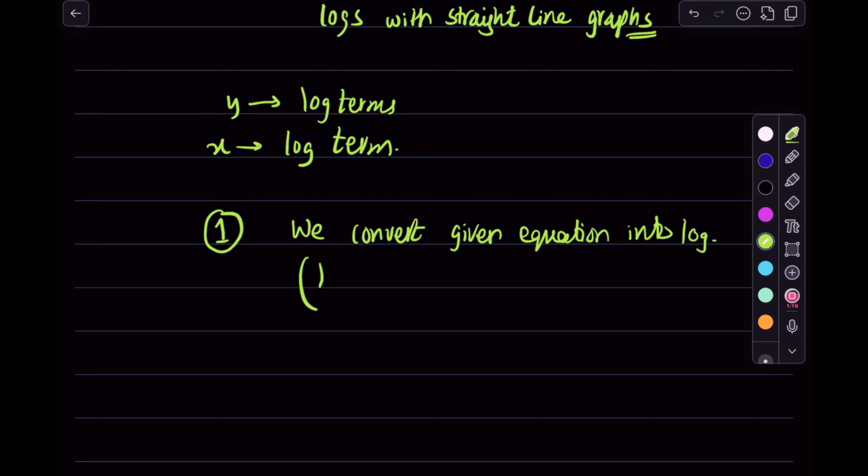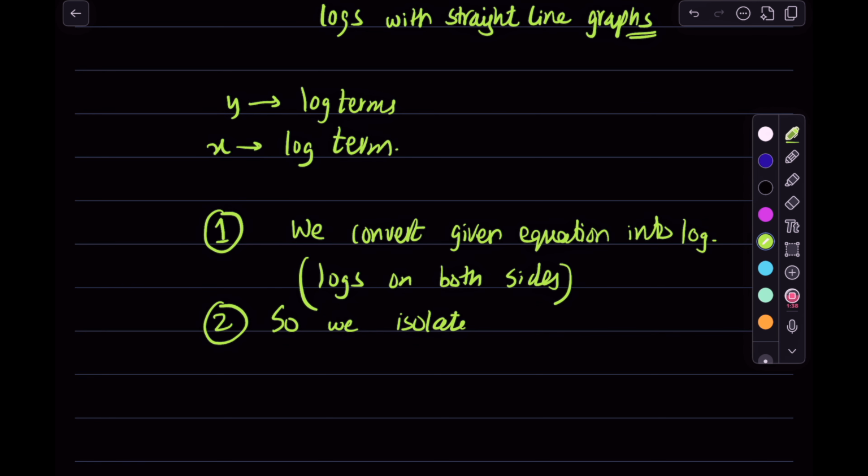Secondly, we isolate our terms. We isolate our y-axis and our x-axis terms.